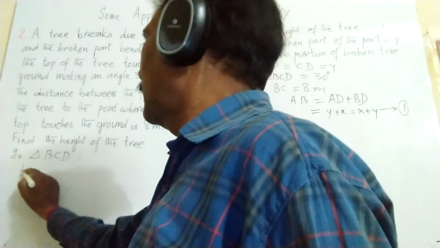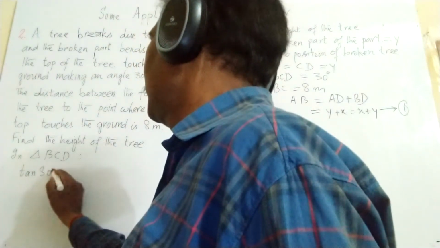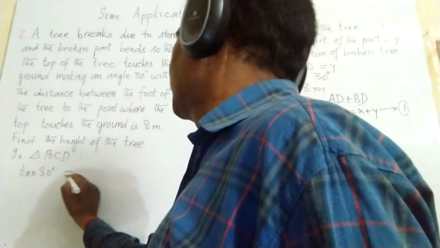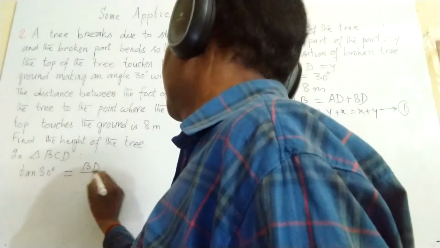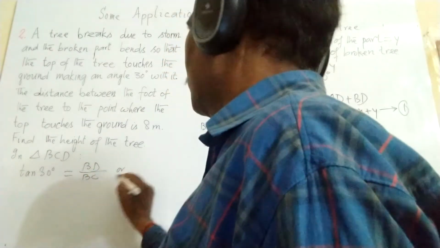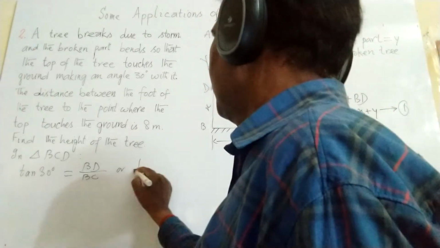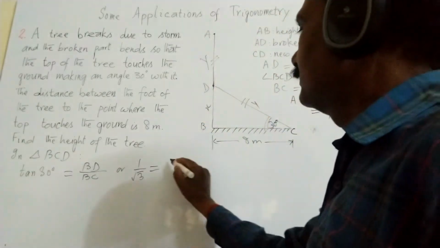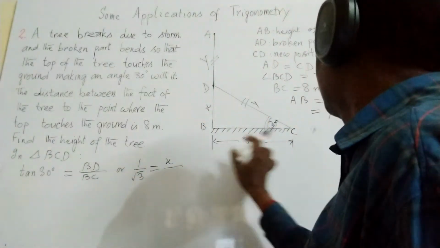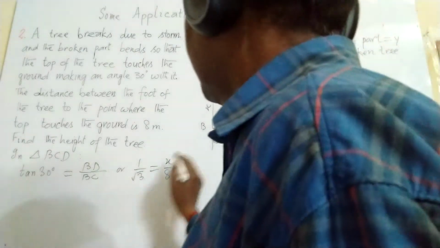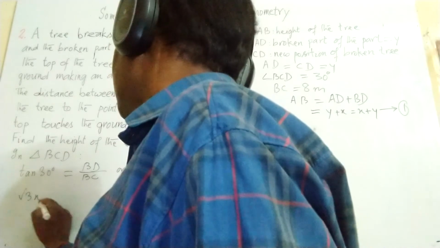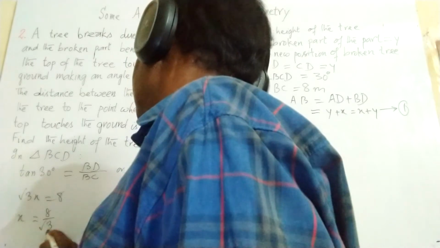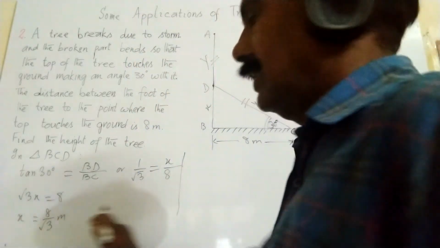So tan 30 equal to BD by BC. Tan 30 equal to 1 by root 3, BD is x and BC equal to 8. Then multiplying, root 3 x equal to 8, or x equal to 8 by root 3 meters. We have found the value of x.